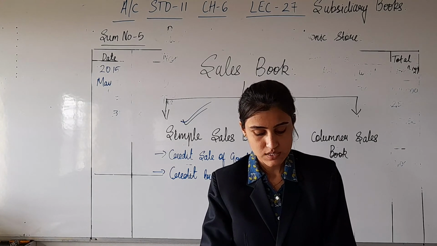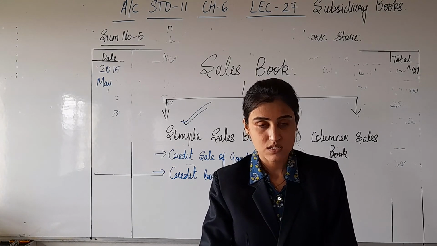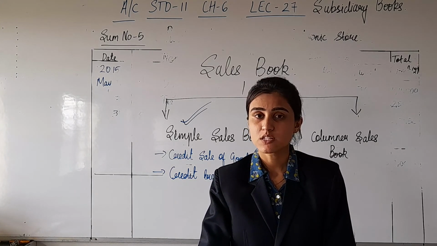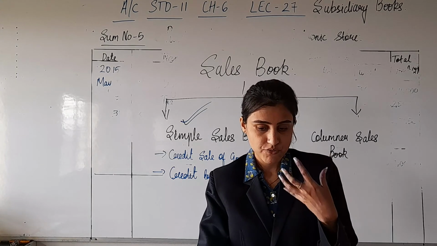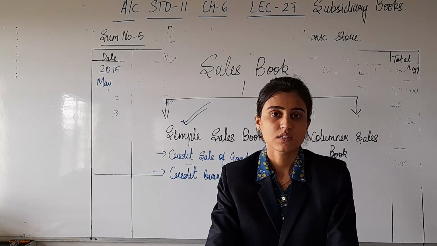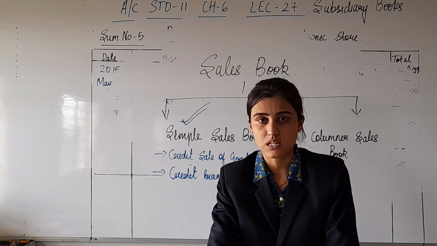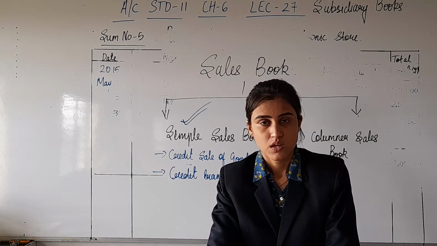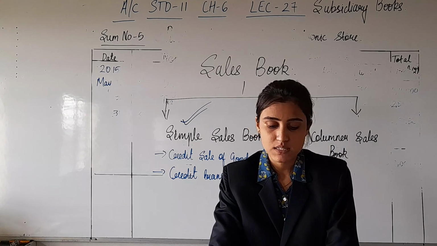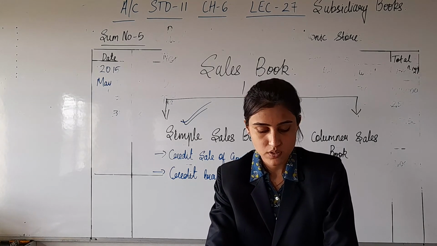From the following transactions, prepare its sales book. If that party is dealing with only iron, then definitely it is simple sales book. So the specimen is simple. It is prepared in your book.